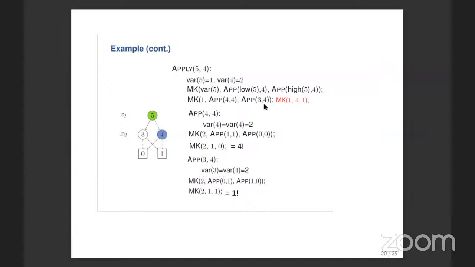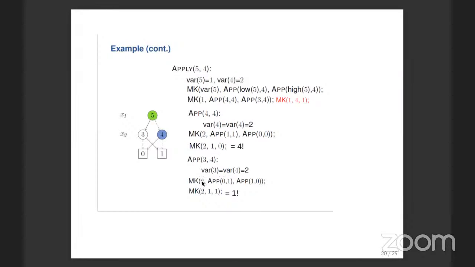So app 3.4 is also app 3.4, but there also the variables are the same, you see, var3 and var4. The var stored there is x2. Therefore, you do the same thing as this.